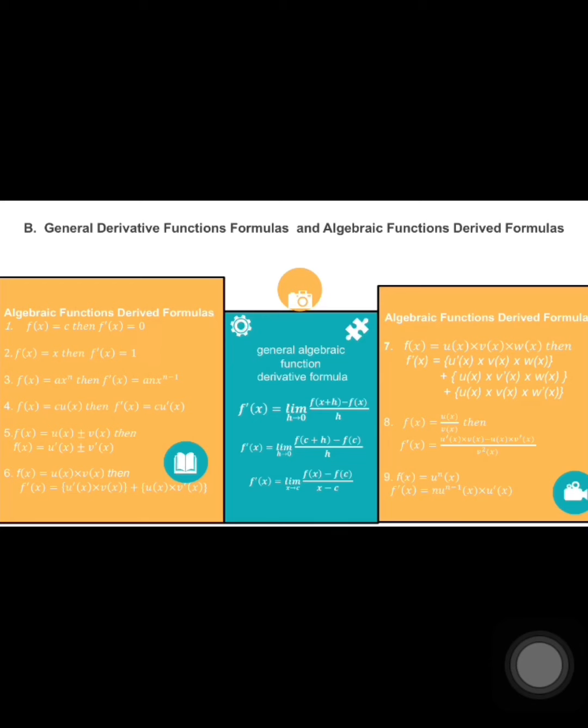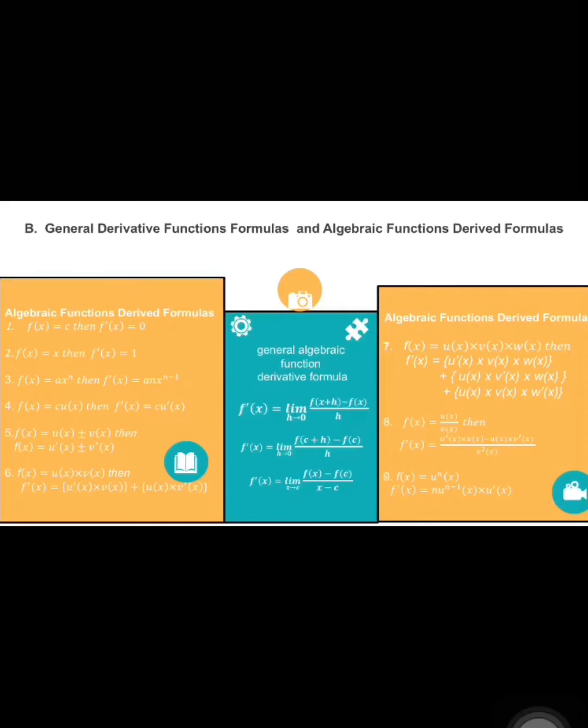If the function is a constant, the derivative is 0. Number 2, if f of x equal x, then f prime x equal 1. We know that the variable x here is rank 1, so derivative is 1.